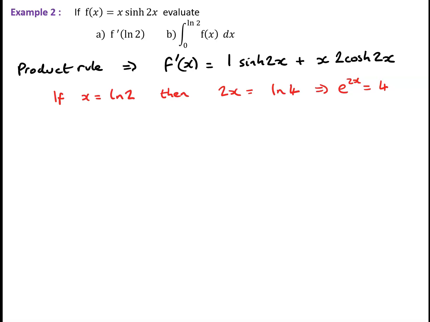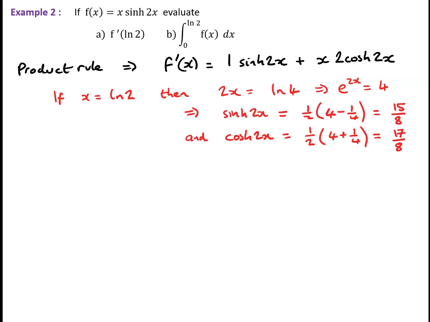If x is equal to ln 2, then 2x is 2 ln 2, which is the same thing as ln 4, which means that e to the 2x is 4, and therefore sine 2x, which is going to be a half of e to the 2x minus e to the minus 2x, is going to be a half of 4 take away a quarter, which is 15 over 8, and cos 2x is going to be a half of e to the 2x plus e to the minus 2x, so that's going to be a half of 4 plus 1 over 4, so that gives me 17 over 8.